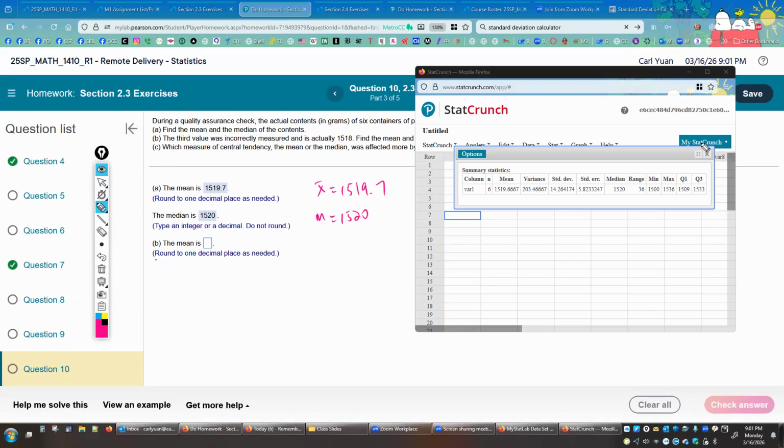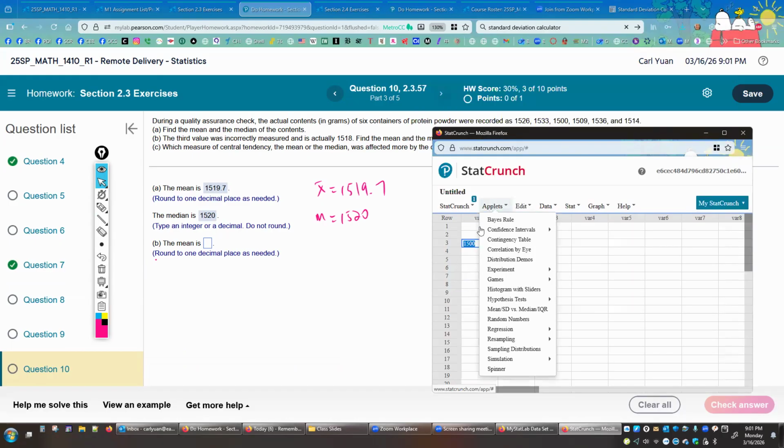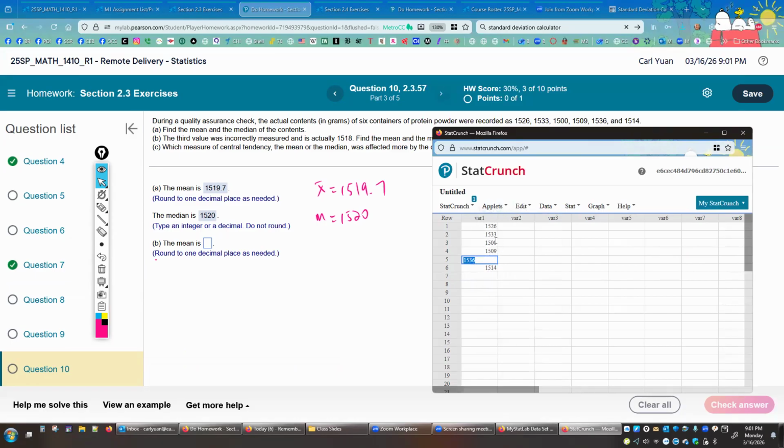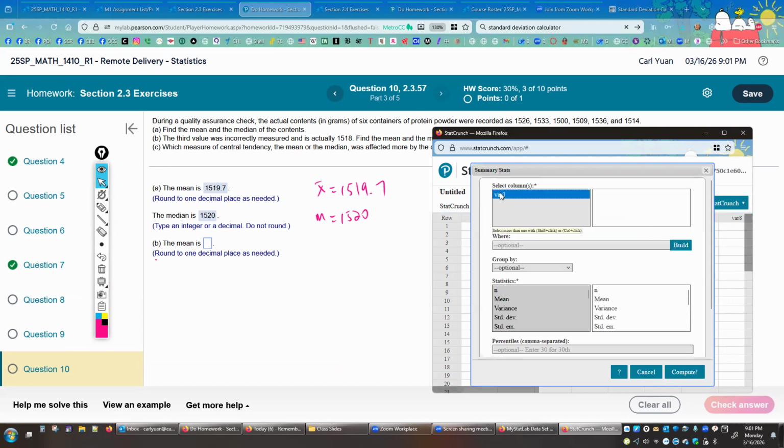Now I'm going to cancel this out and change the third data point, 1500, into 1518. Everything else stays the same. Now I'm going to run my summary stats again: Stats, Summary Stats, Columns. I'm going to click var1, and the standard set of stats is fine.